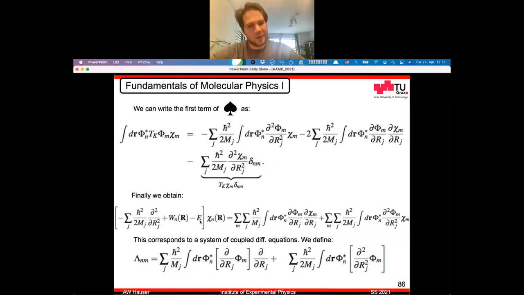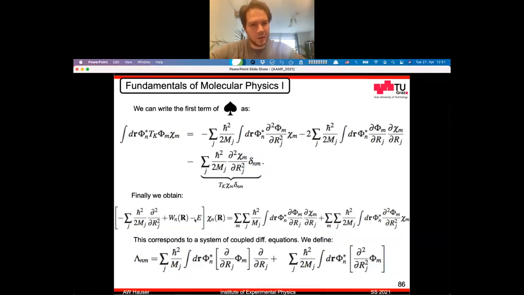let's start here. We have our energy eigenvalue that we're interested in. We have what's left when we solve the electronic Schrödinger equation, this term W of R, which corresponds to the electronic energy as a function of the nuclear coordinates. And we have this one term of the kinetic energy operator for the nuclei that did not include the derivative of the electronic wave function.